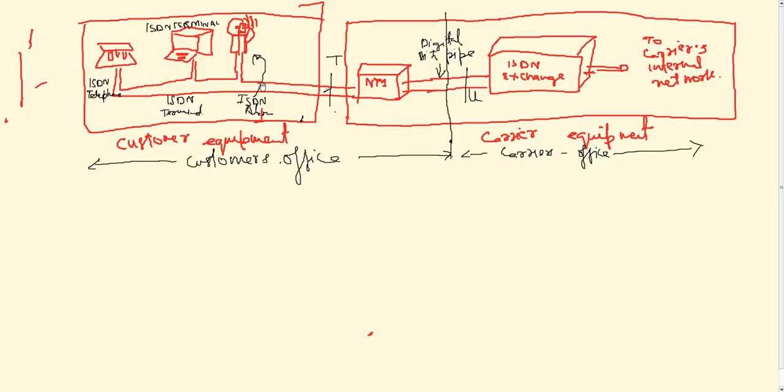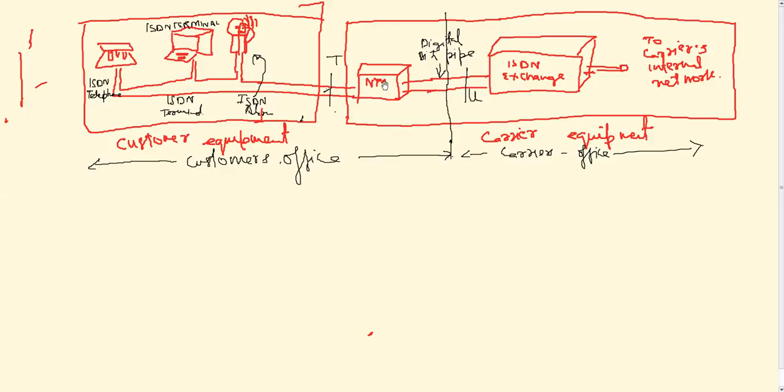In this home use configuration, what we have basically is the network terminating device NT1, which is here, that is being placed on the customer's premises. So this NT1 is the part of the customer's office. So up to this point, this is all customer's premises. You getting me?